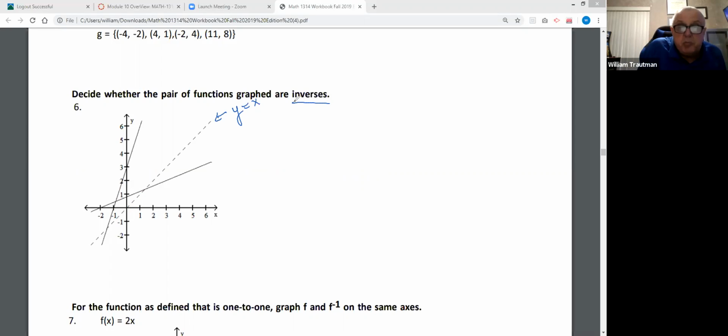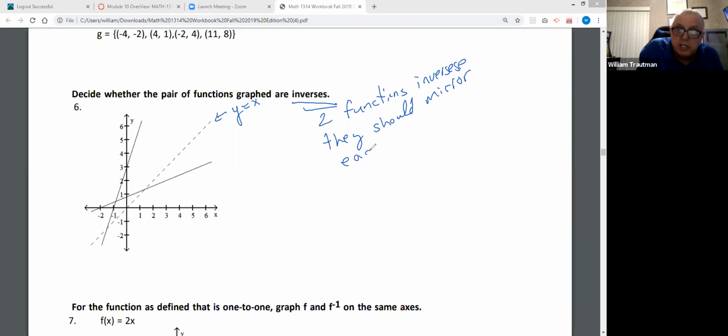If two functions are inverses, they should mirror each other on the y equals x line.